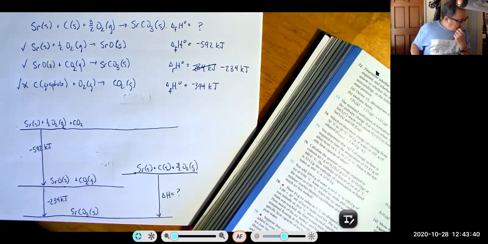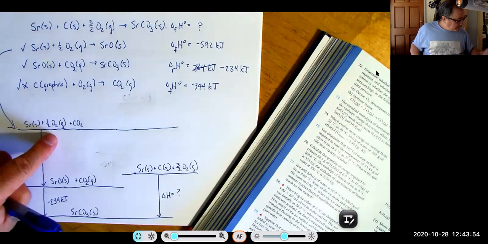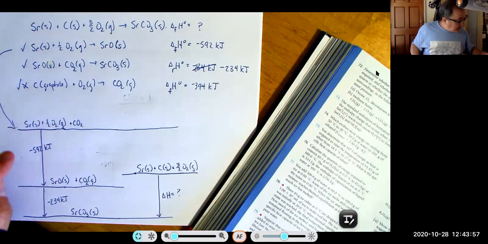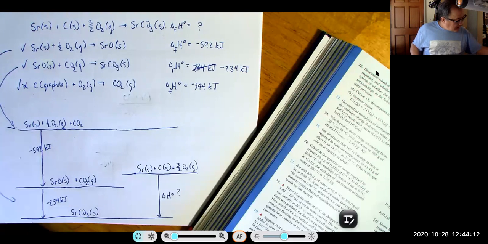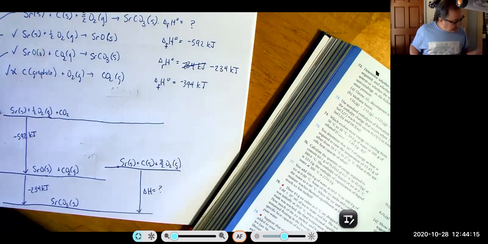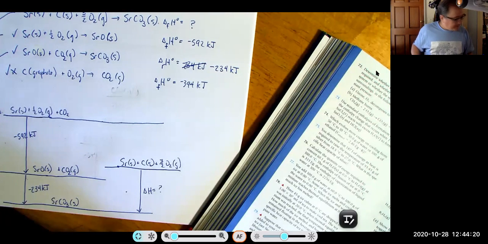Huh. This one's a tougher one than I thought. See, this one is here. And then this one was here. And this one is here. That makes sense. So how do we fit this one in? Let me think about that.